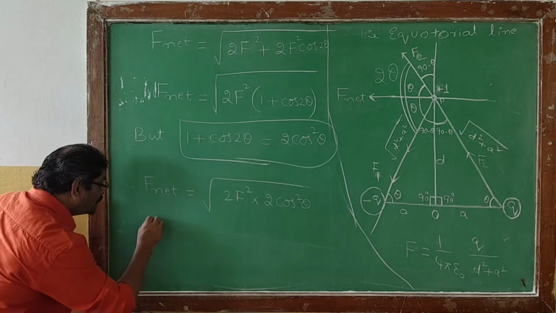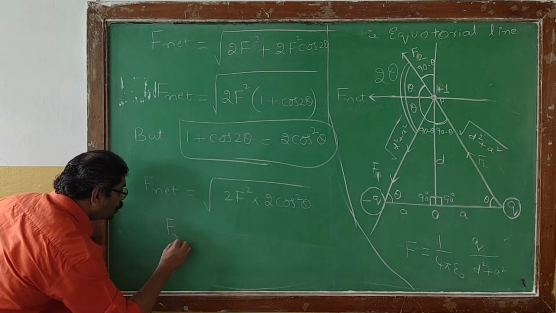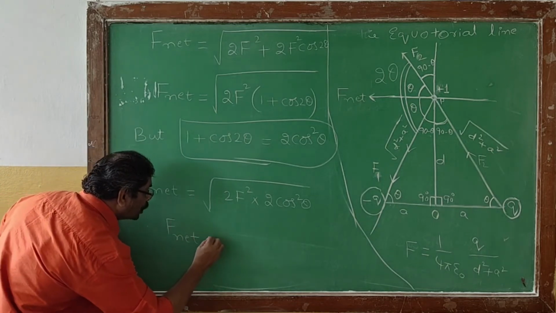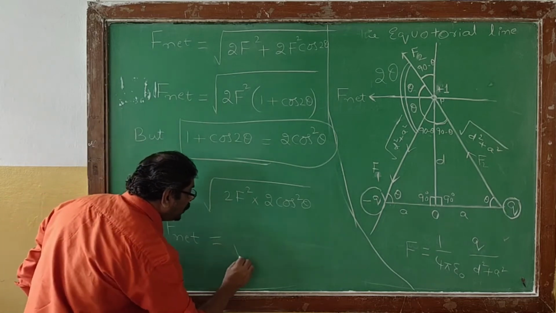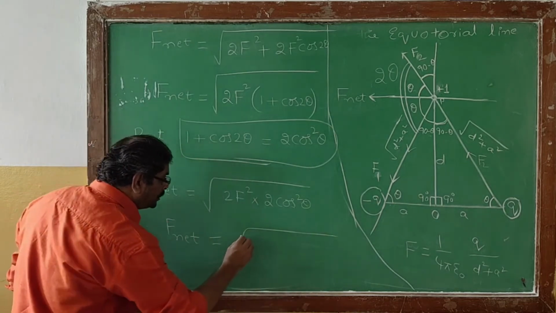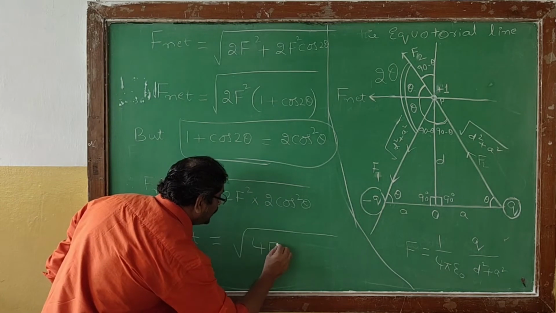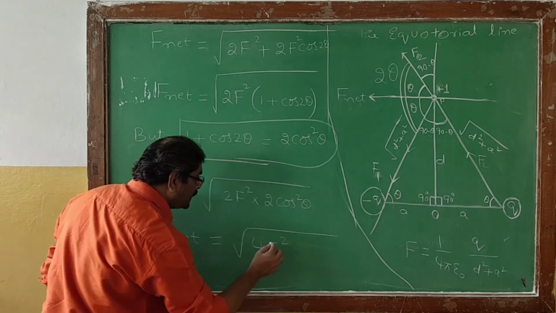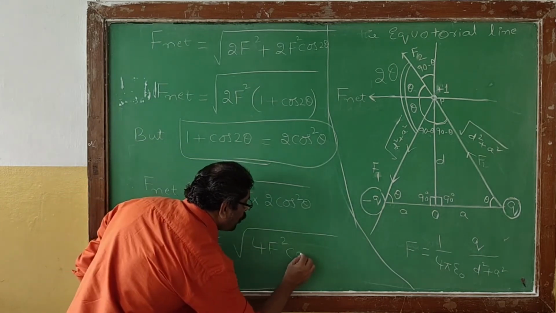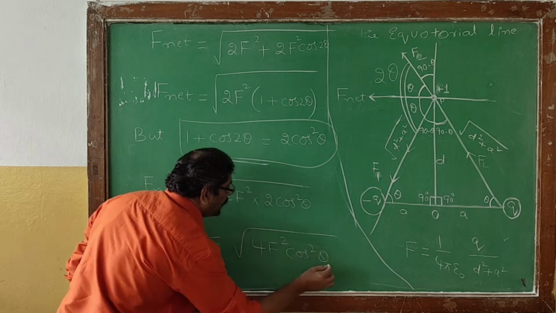So if I multiply, what I get is now 4F square into cos square theta.